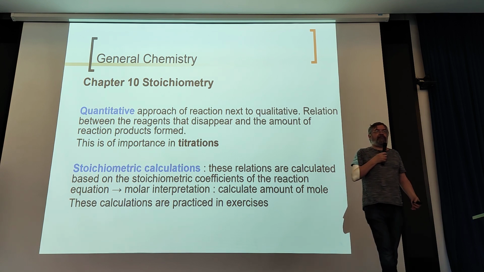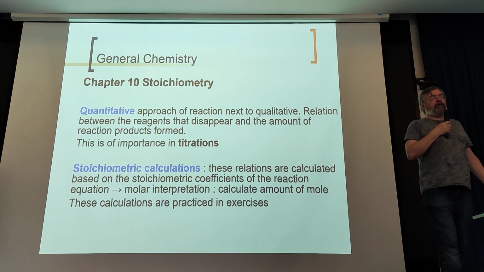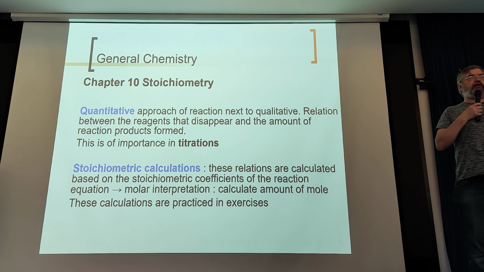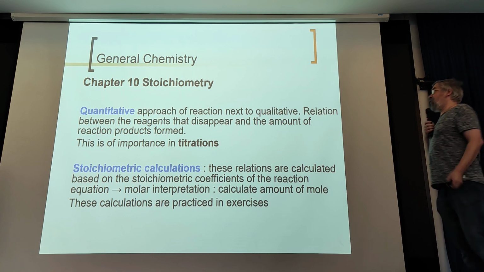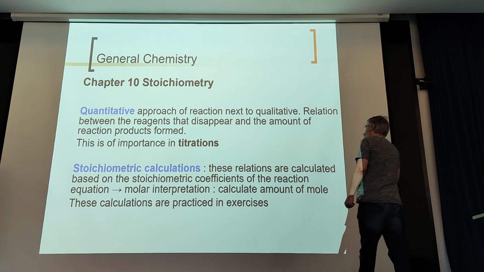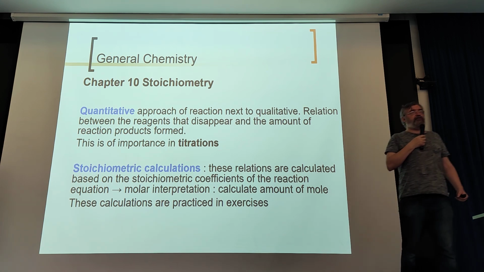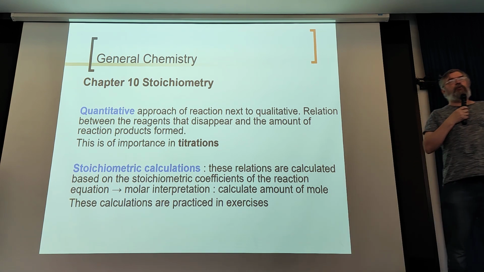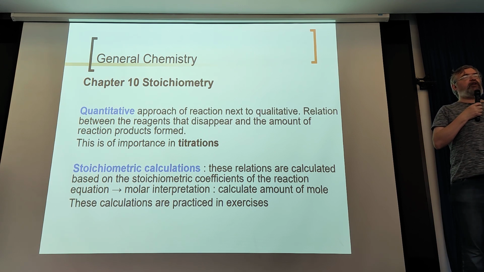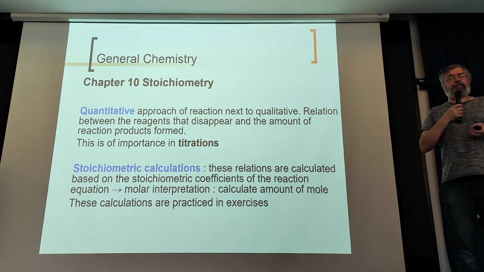This we can find out by calculations that are based on the reaction equations. I think you have already learned how to make a balanced reaction equation. We're going to need that to make our stoichiometric calculations. This also has a practical value. For instance, if we do titrations, we will need to do stoichiometric calculations after we have done this practical work.